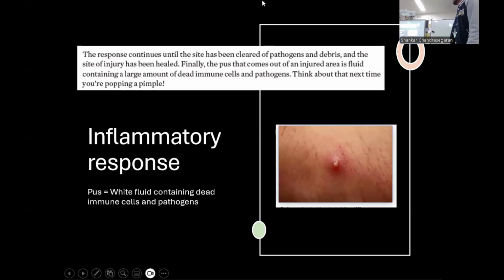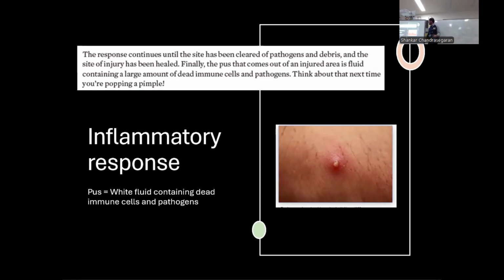All right. So what happens after all this war has gone on is that the end result of your inflammatory response is basically a battlefield with hundreds, if not thousands, of dead pathogens and also dead immune cells. Right.